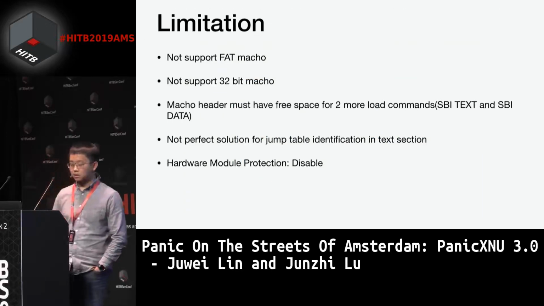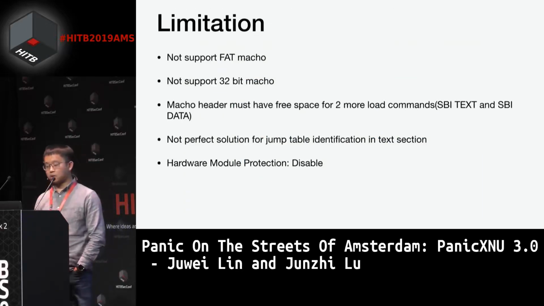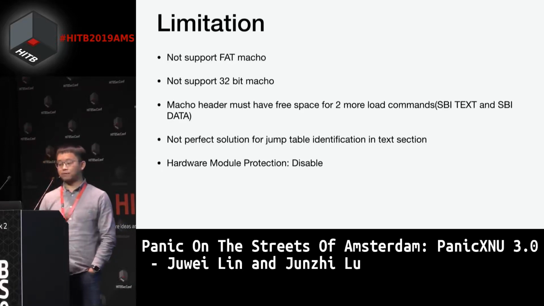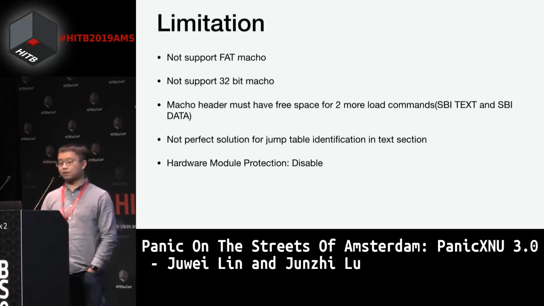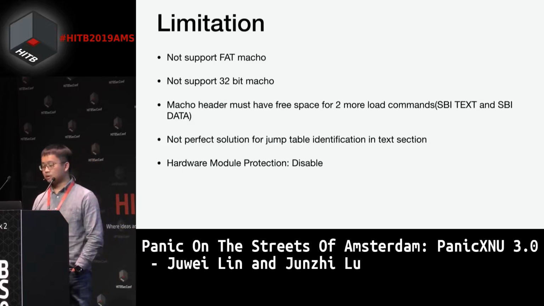Okay, there are some small limitations for the SBI project. It doesn't support FAT macho for now. It is not a big problem. It also doesn't support 32-bit macho, and the macho header must have free space for two more load commands: the SBI text and SBI data.